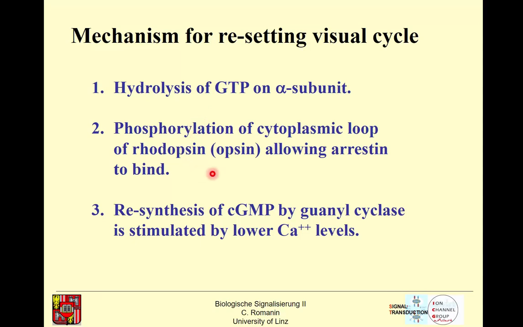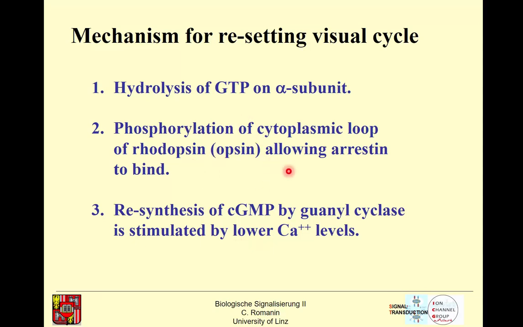The second takes place at the level of rhodopsin. So even the transmission from rhodopsin onto the G protein can be stopped, and we will have a process going on in which the cells in the dark can get back again to the depolarized state.